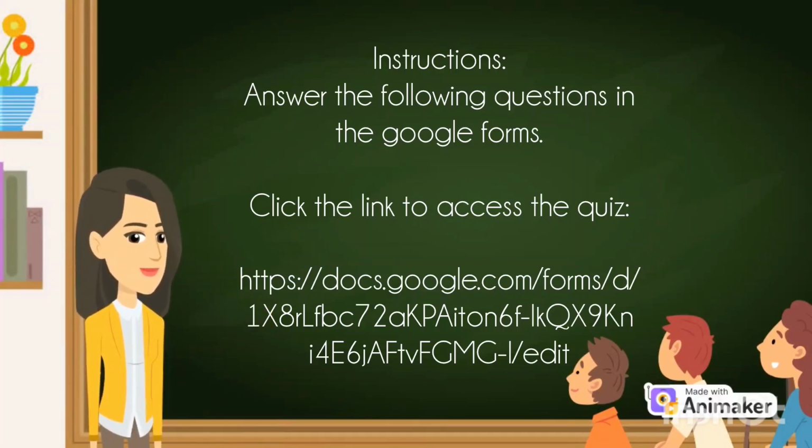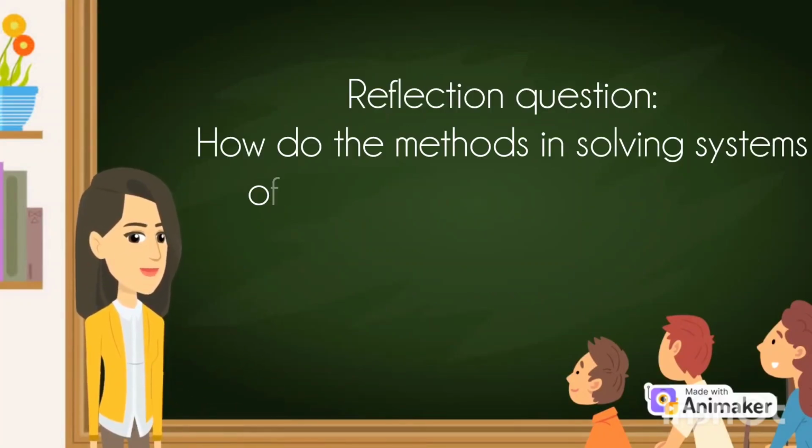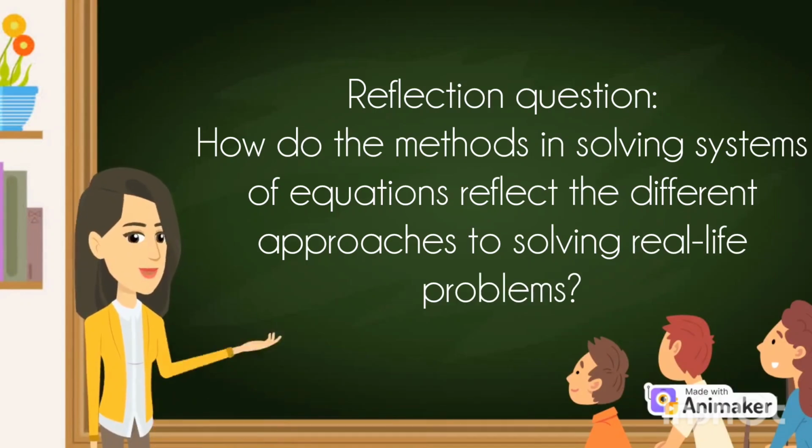There is also one open-ended question on the last portion of the quiz. It is a reflection question stating how do the methods in solving systems of equations reflect the different approaches to solving real-life problems.